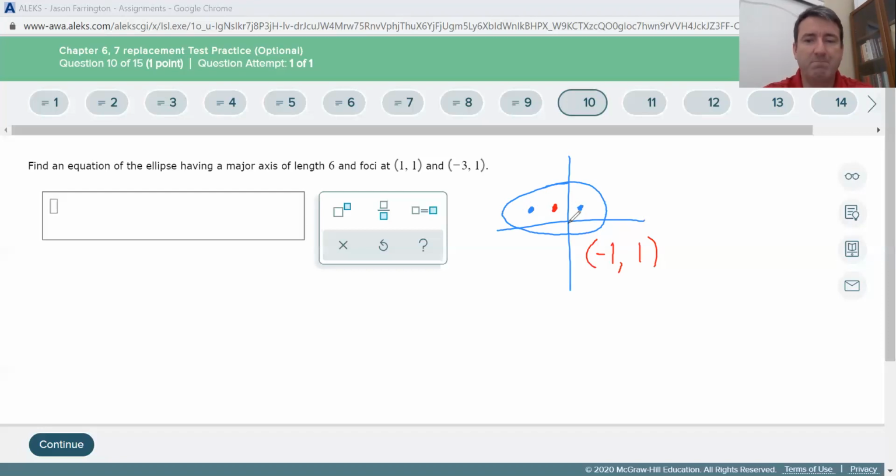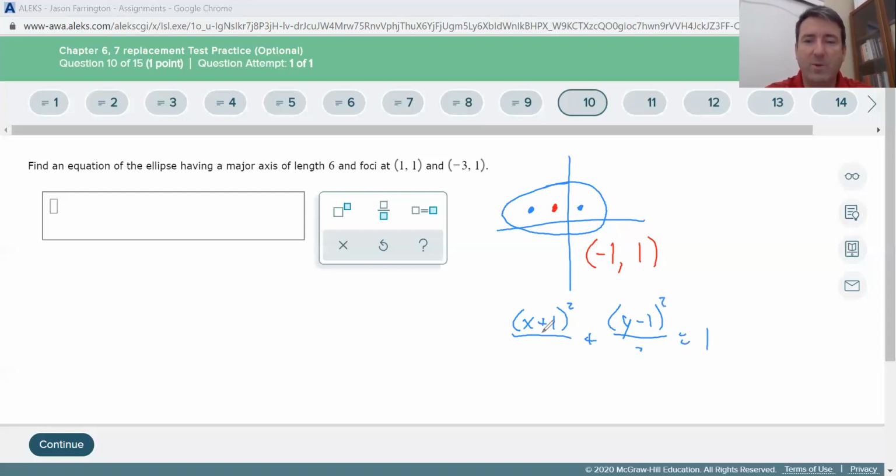So our bigger number is going to be under the x. So this is going to be x minus -1, so x + 1, over something, plus y minus 1 over something. Both of these are squared, and it's equal to 1.